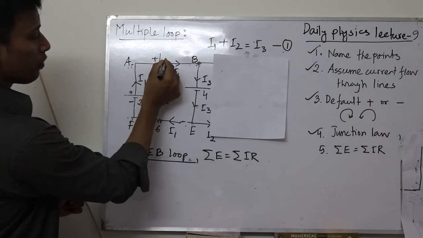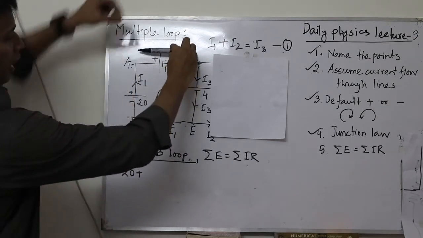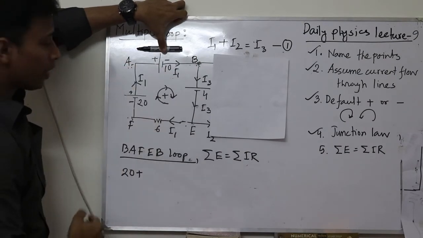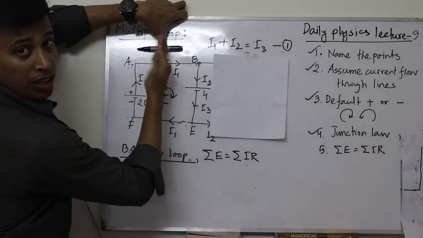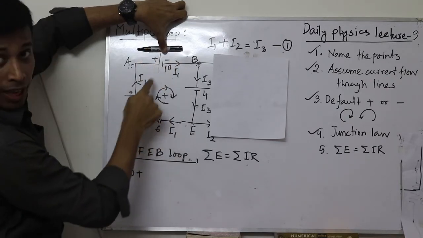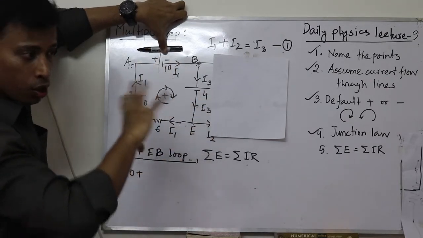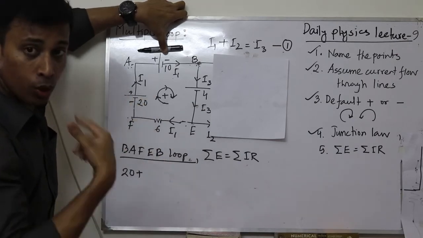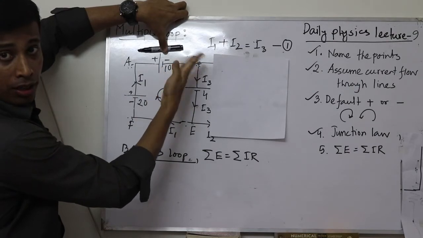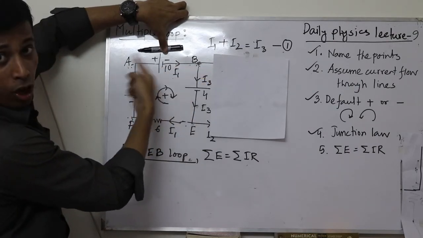Let's think about this 10. That's the positive, that's the negative. So the direction is like this. We know the direction will act toward the positive side. Our default positive is clockwise, so anything that works clockwise we will assume positive. But here this 10 is acting opposite.